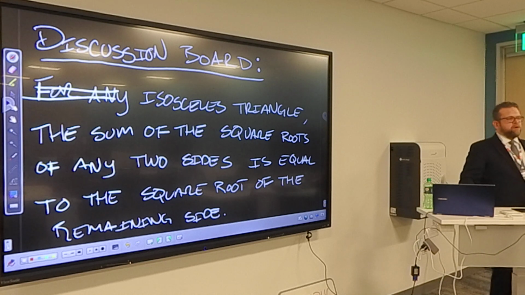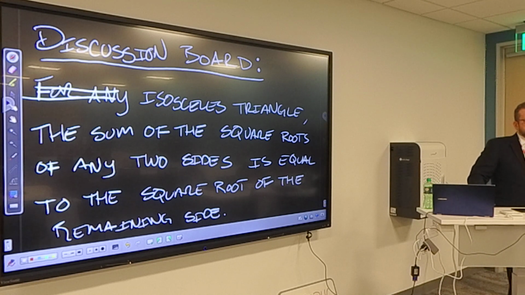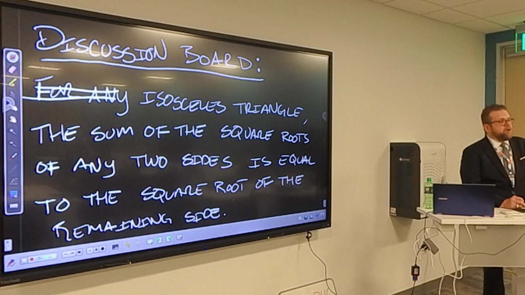But we are supposed to do something stronger than that and determine if there is any isosceles triangle in existence where this will work. So you have to check them all. How do we do that?